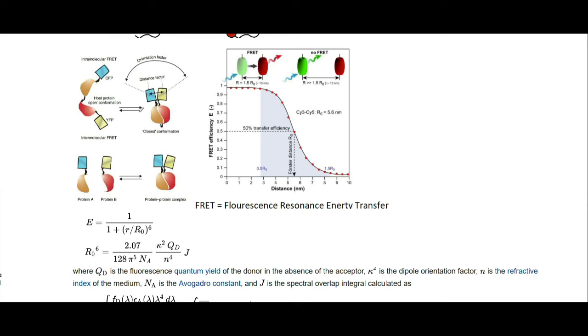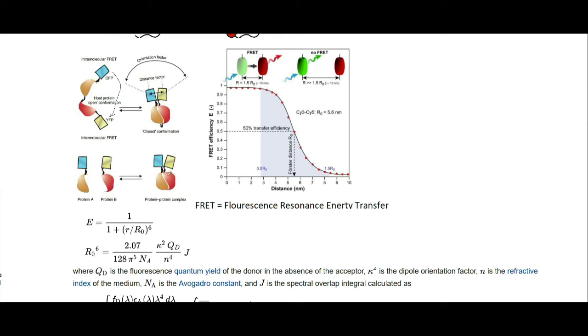Now, I'm not going to go too much into this because this video is already getting quite long. But you see here you can do FRET for a single protein. So if your protein has some sort of conformational change that brings these together, you can measure that using FRET, and you can also do it with two different proteins.